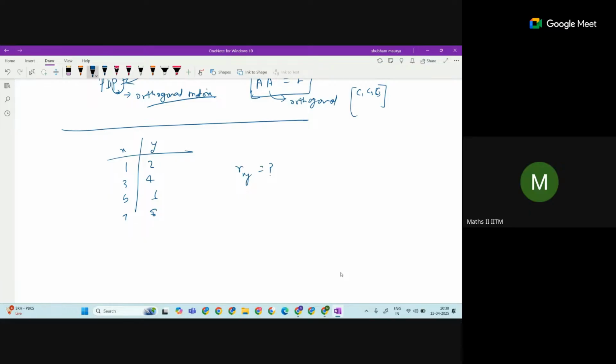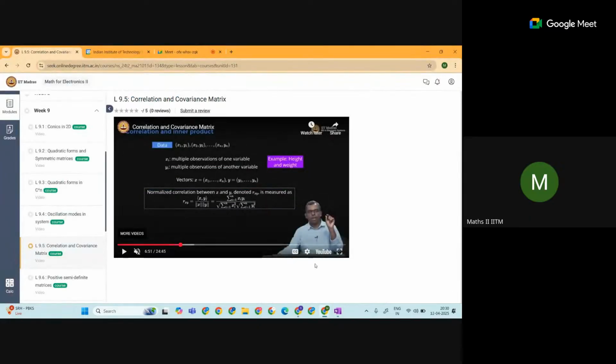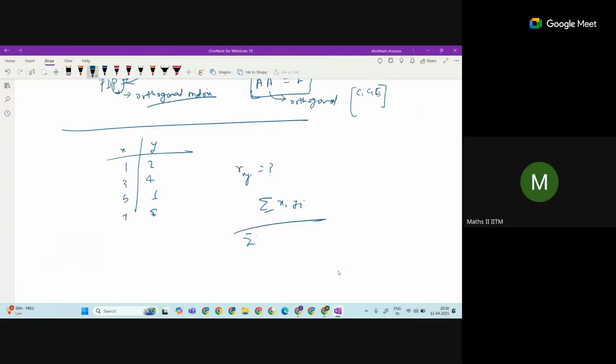You can just write the formula: summation x_i y_i upon the root of summation x_i square and summation y_i square. It means multiply directly and sum them all. So the upper part is going to be 2 plus 12 plus 30 plus 56. See how it is directly multiplied.